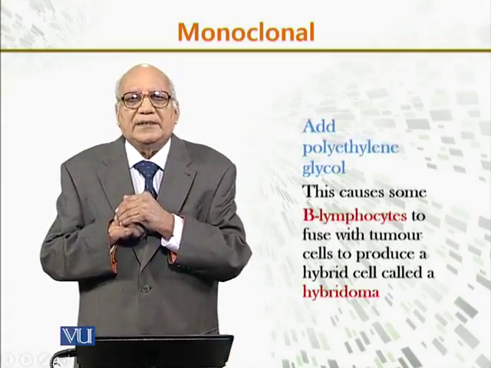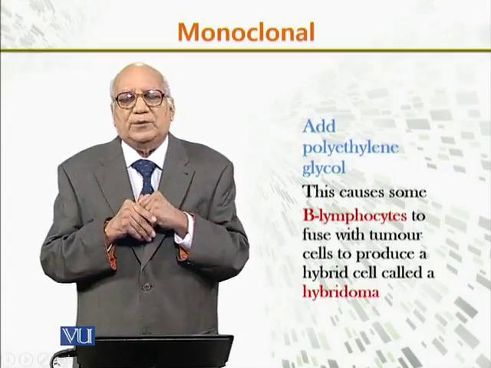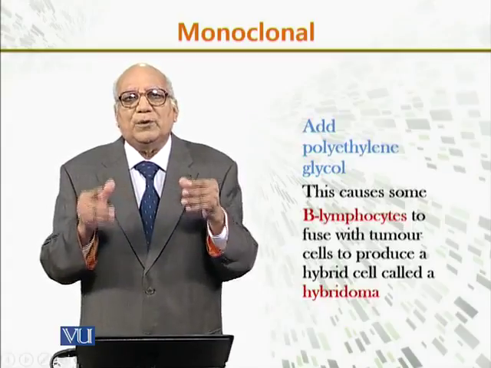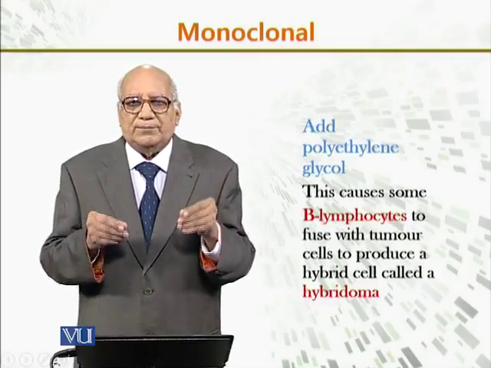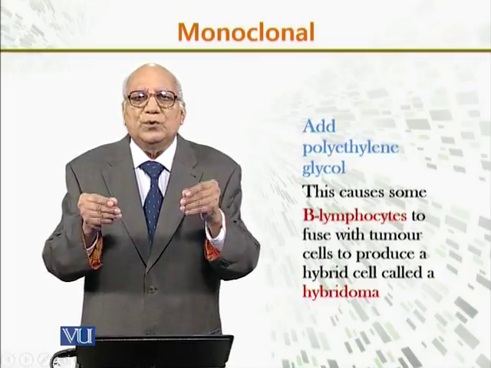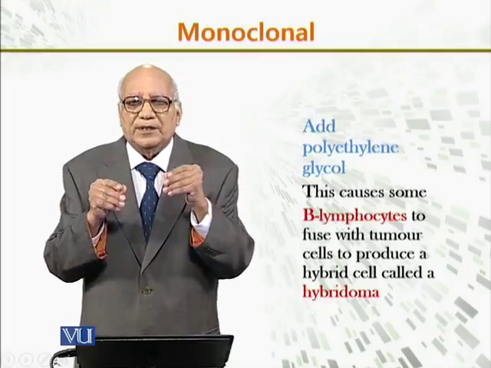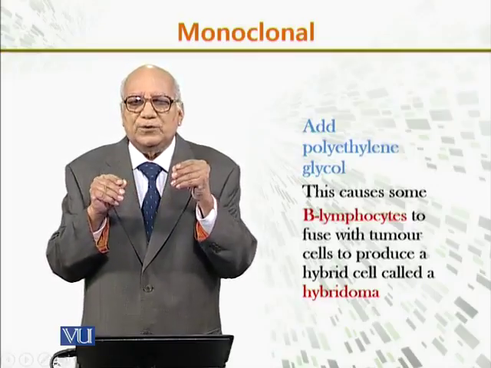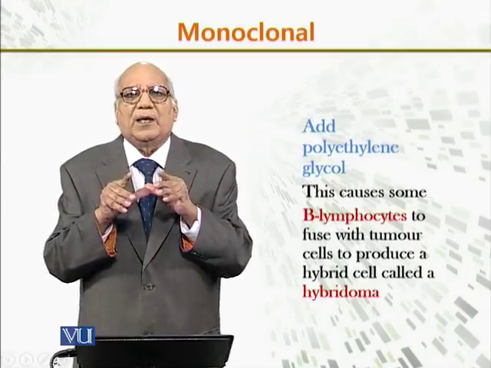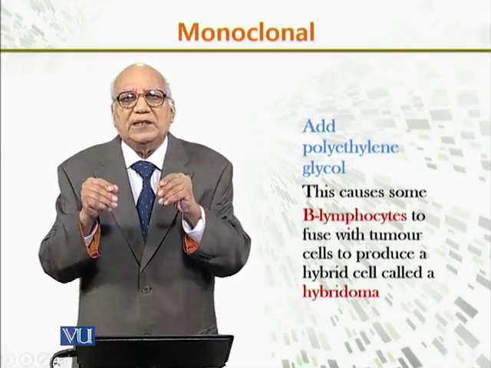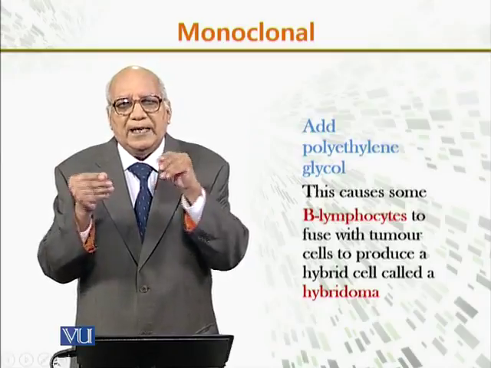and then add polyethylene glycol. Now, what is the function of polyethylene glycol? This causes some B lymphocytes to fuse with the tumor cells to produce a hybrid cell, which is called a hybridoma. So see, now we are preparing the hybridoma.